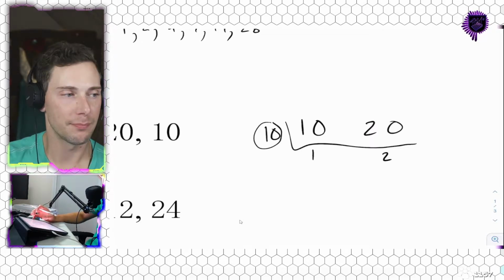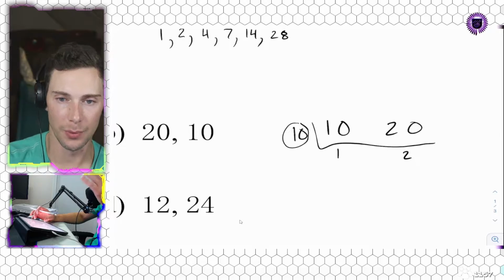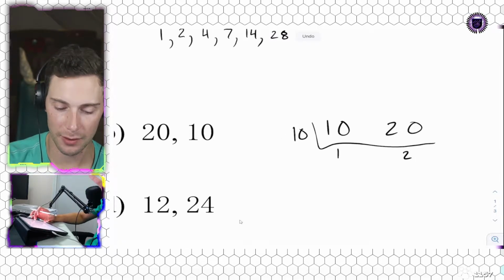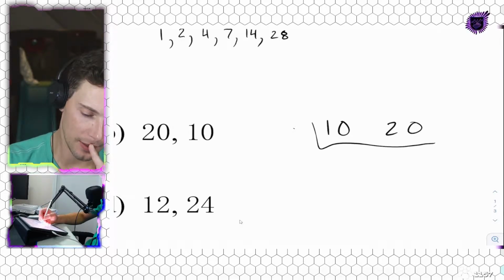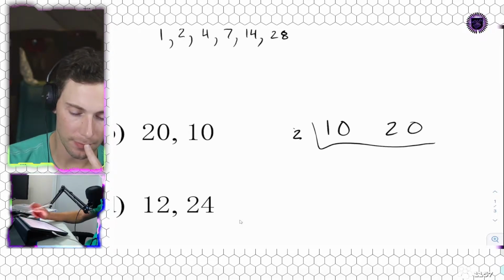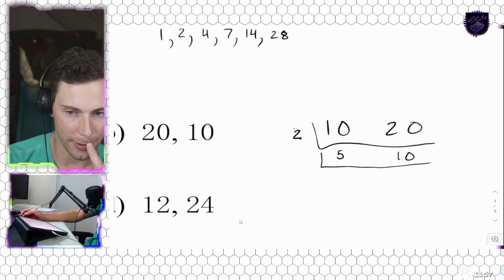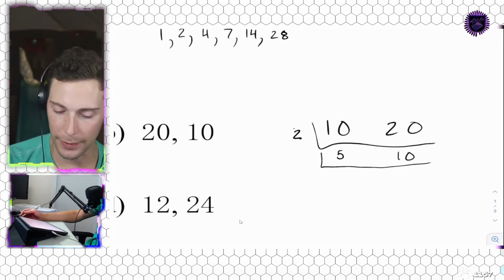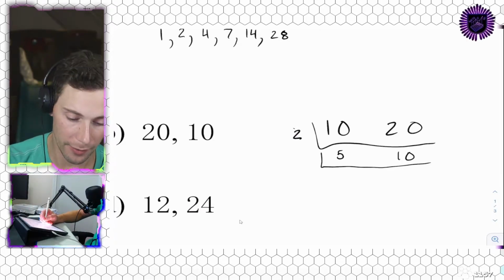But let me back that up a little bit, just in case it was more difficult and you didn't actually know, and you went 2, and this would go into 10 five times, and this would go into 20 ten times. Then you went to the next rung on the ladder, and you saw there's still a common factor between these two numbers, and that's 5.